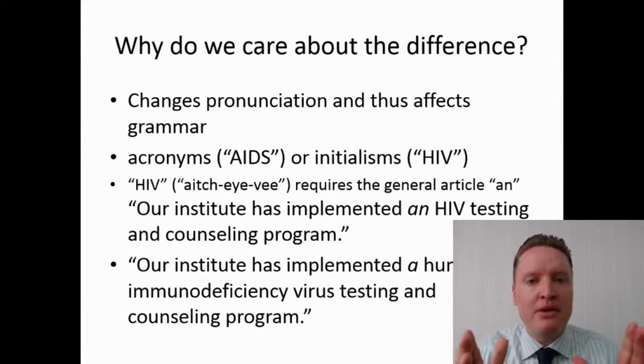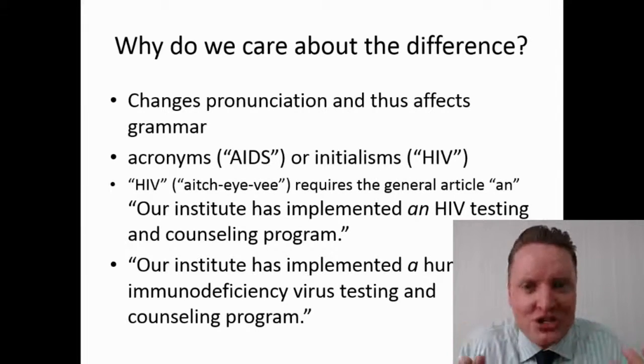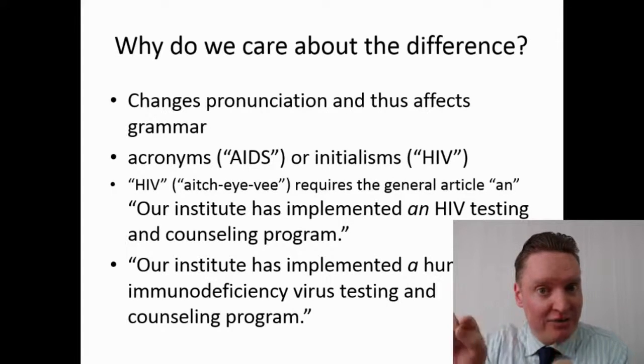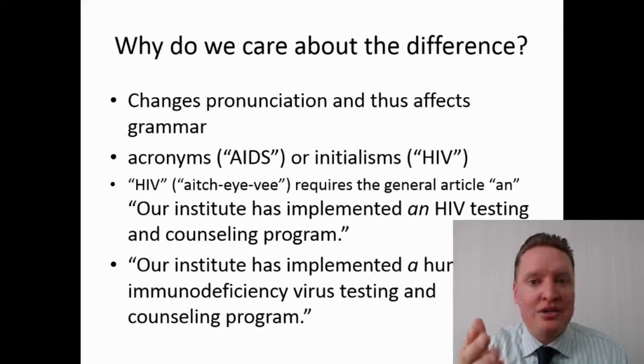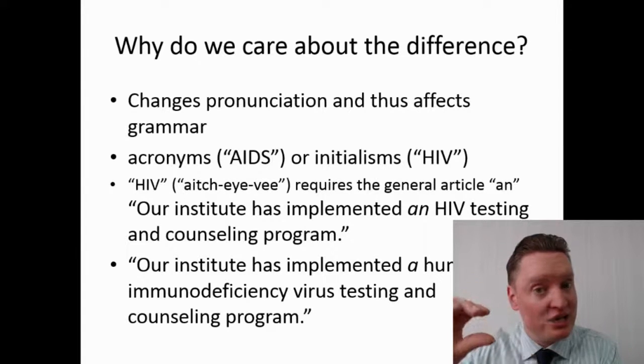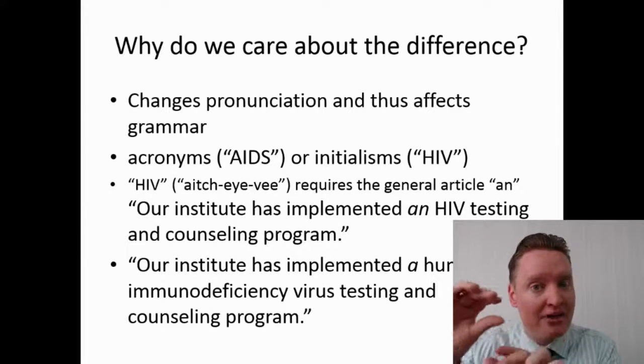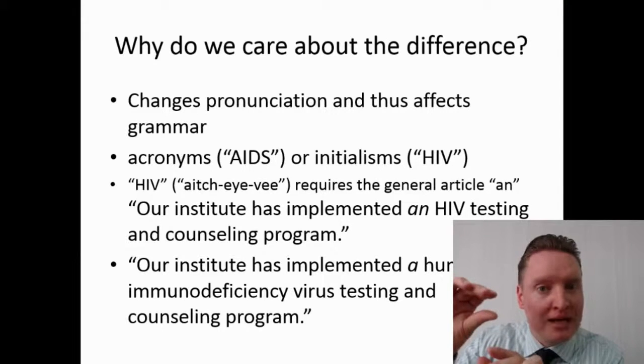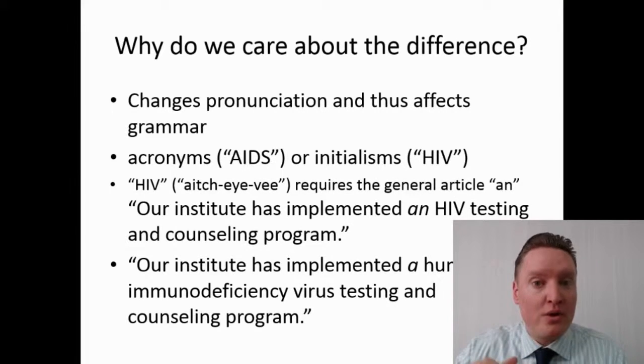Now, remember that H is a consonant, but we say an A sound, aitch. That's why we put an in front of that, an HIV. Or our institute has implemented a human immunodeficiency testing program. So you can see how whether we use an or a depends on the pronunciation of the initialism or acronym, H or human. Therefore, we care whether we pronounce it as an A sound or as an H sound in our sentence.